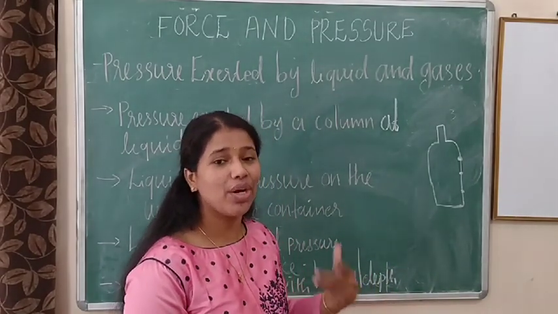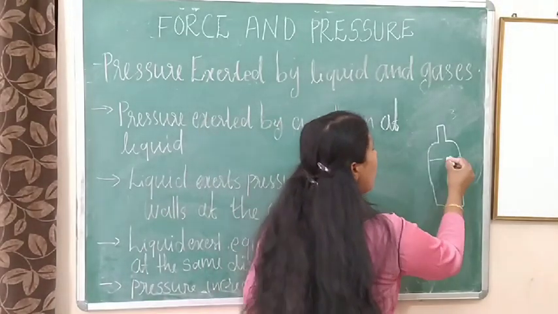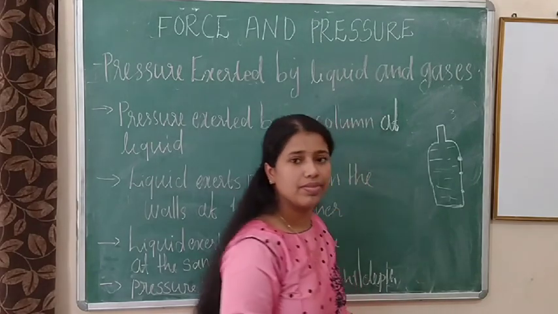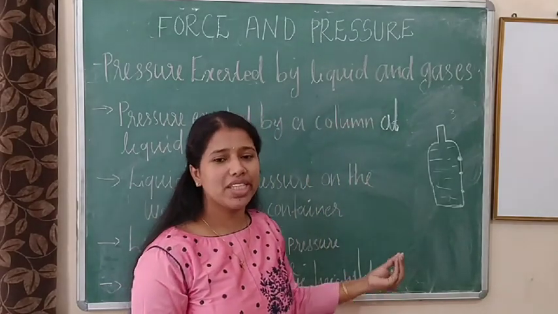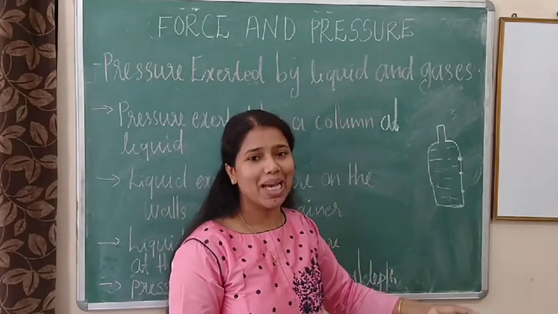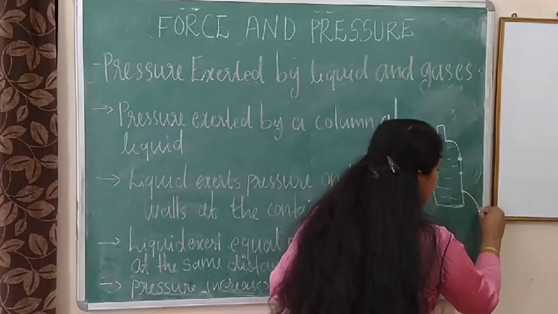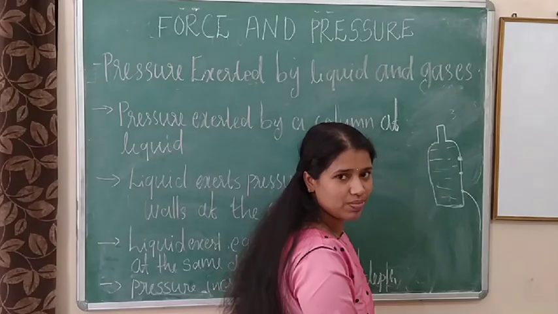After that, what you have to do? We have to pour water. Automatically, as you know, water will come out of the 3 holes. For the first one, this distance is more.